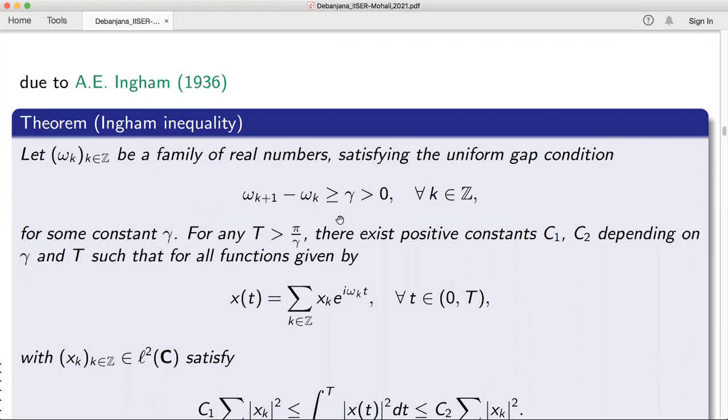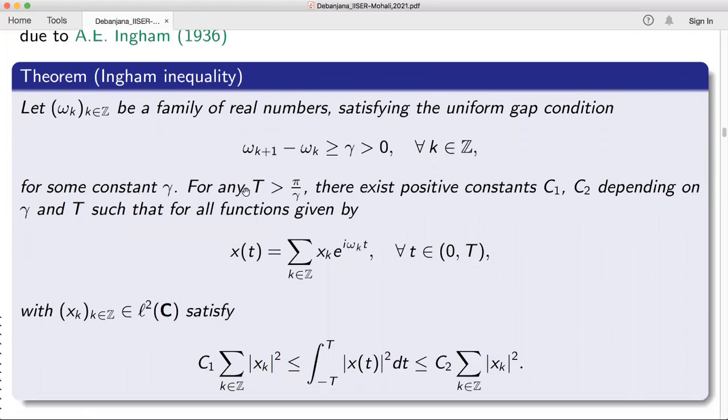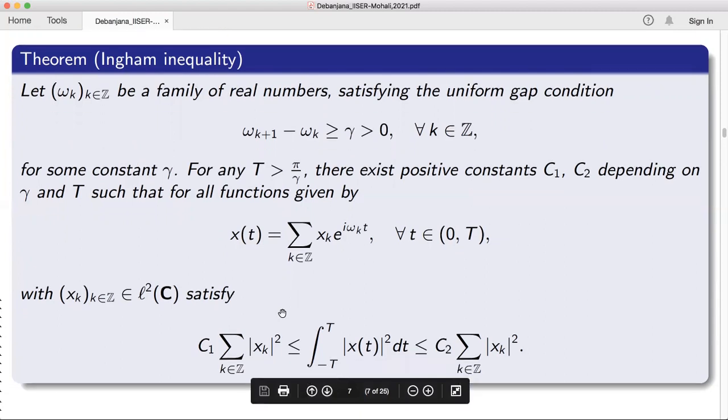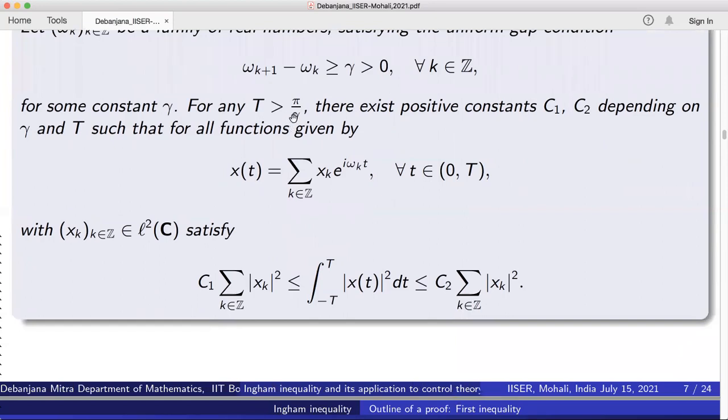Now he is claiming that for any capital T greater than pi by gamma, there exist positive constants C1, C2 depending on gamma and capital T, such that for all functions given by this series expansion in terms of the exponentials e to the power i omega_k t, provided x_k is in little l2 so the convergence is not an issue, this inequality holds.